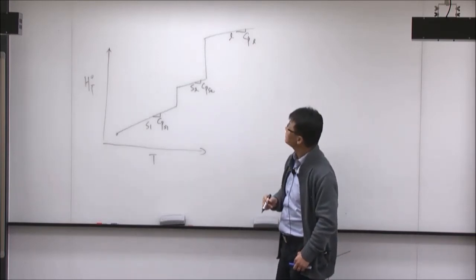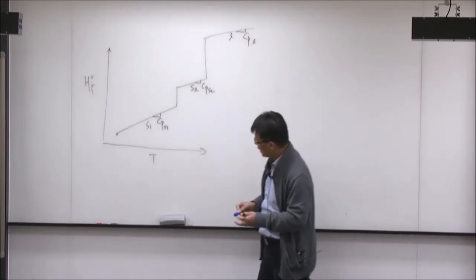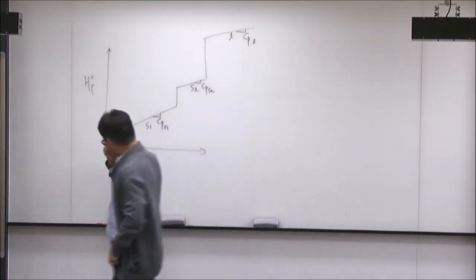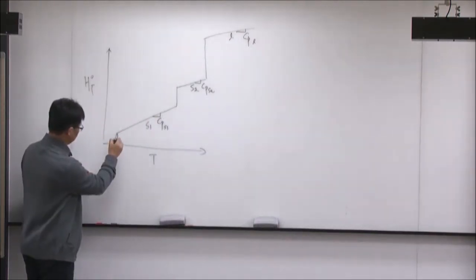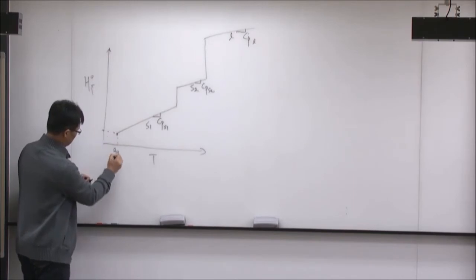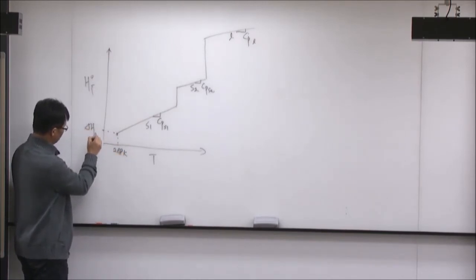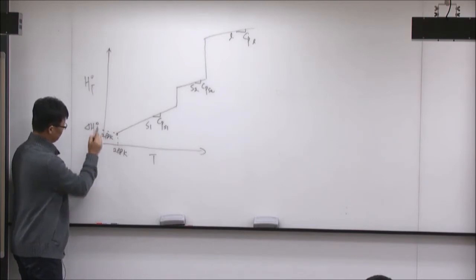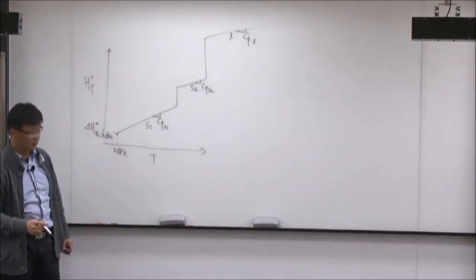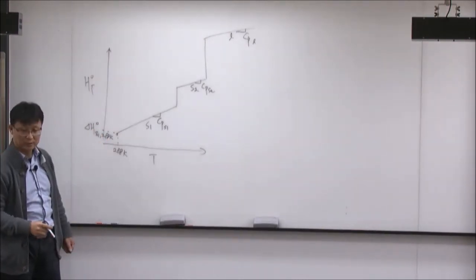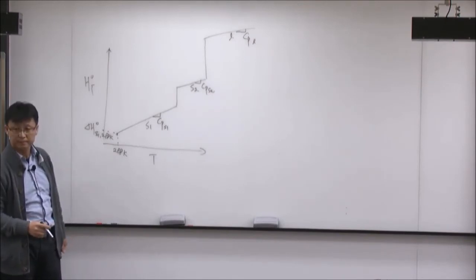Now this value here is delta H of species i, theoretically solid 1 at 298 Kelvin, the standard enthalpy of formation of the solid 1 phase at 298 Kelvin.